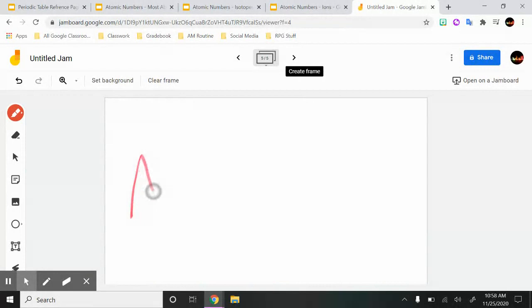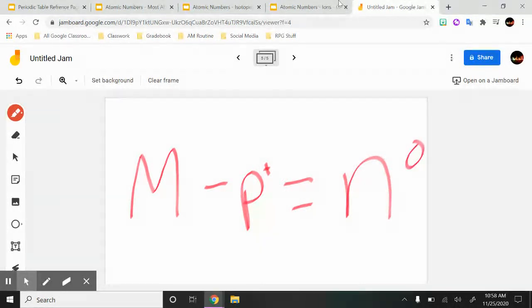Okay, let me write that one more time. Mass minus protons equals neutrons. So we can find the number of neutrons just by subtracting the protons from the mass.